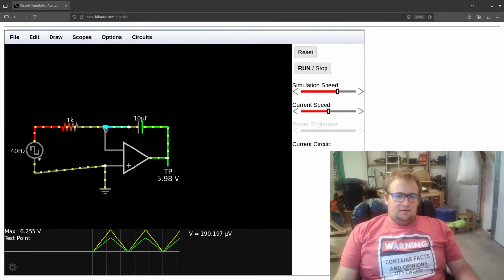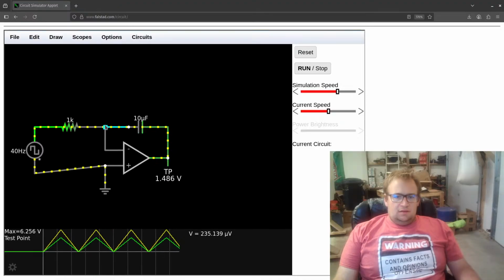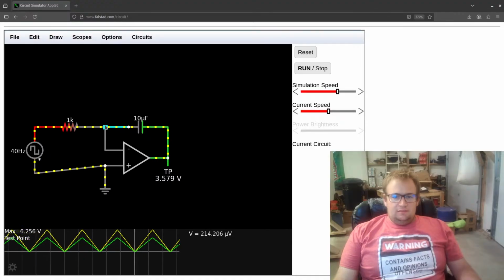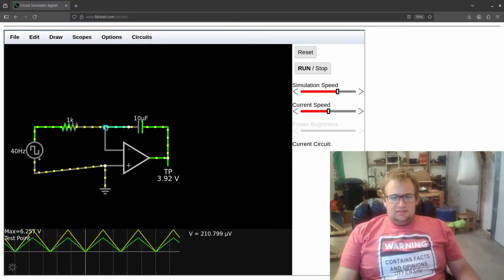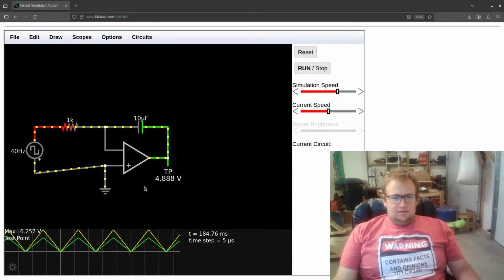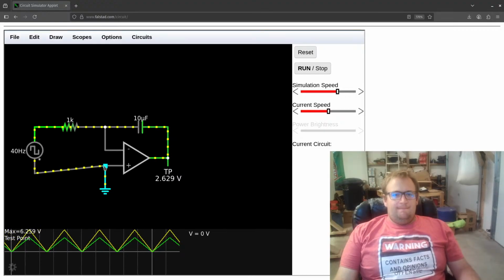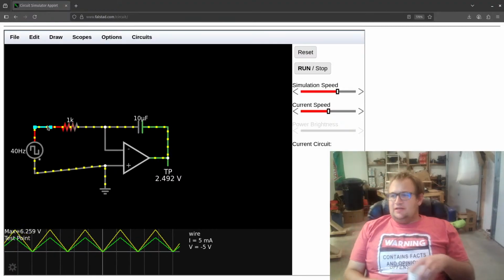So you see here, it goes from 200 microvolts. Yeah, so it keeps on changing because this is changing. This is always at 0, but this voltage here is changing.